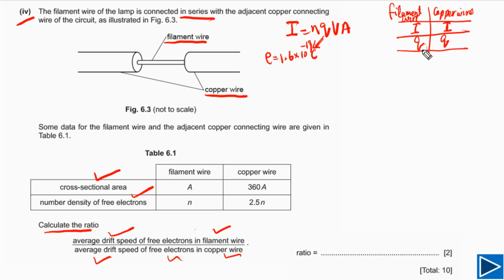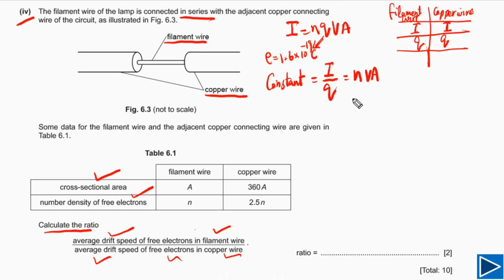So these two quantities are constant. So we can rearrange this equation and write that I over Q is equal to n times vA.